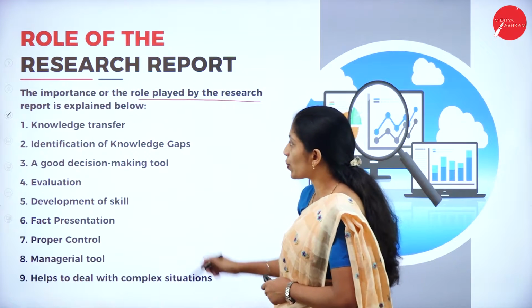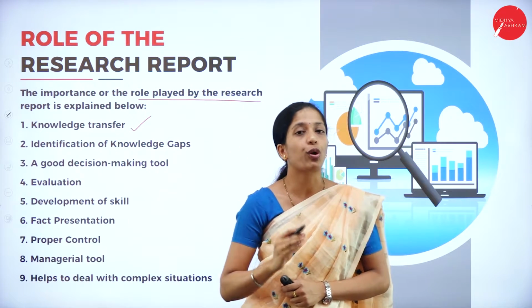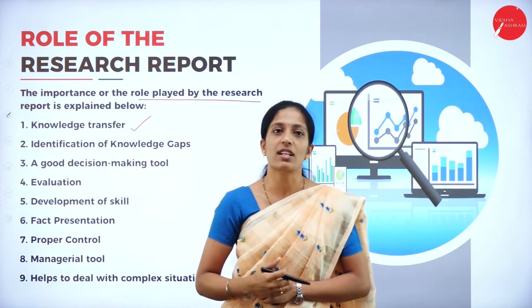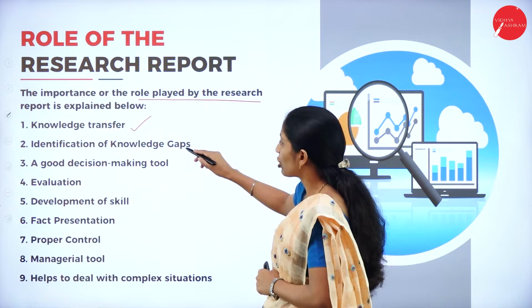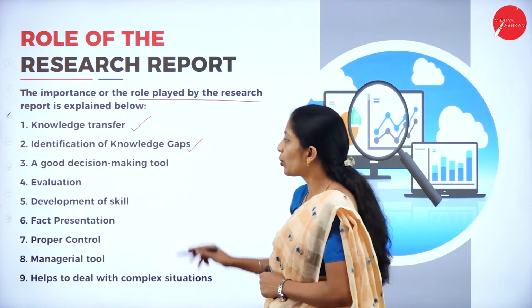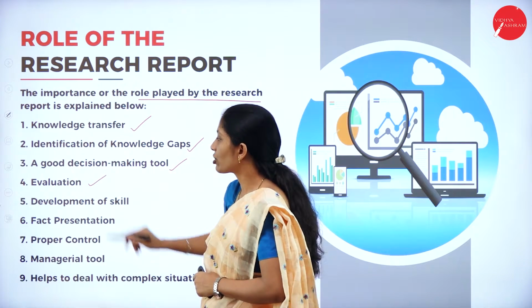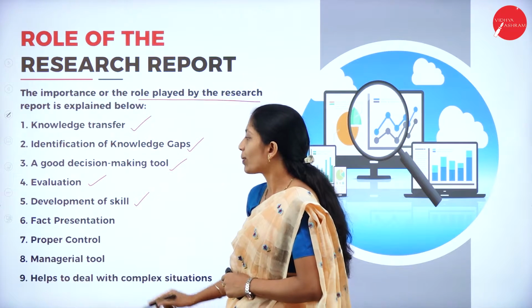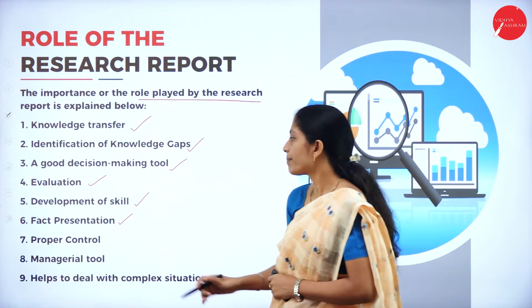Coming to the first one, knowledge transfer. The research report will help in transfer of knowledge; we will see it in detail in the next slide. Next, identification of knowledge gaps. The third is a good decision making tool. The fourth is evaluation. The fifth is development of skill. The sixth is fact presentation, as it contains facts.